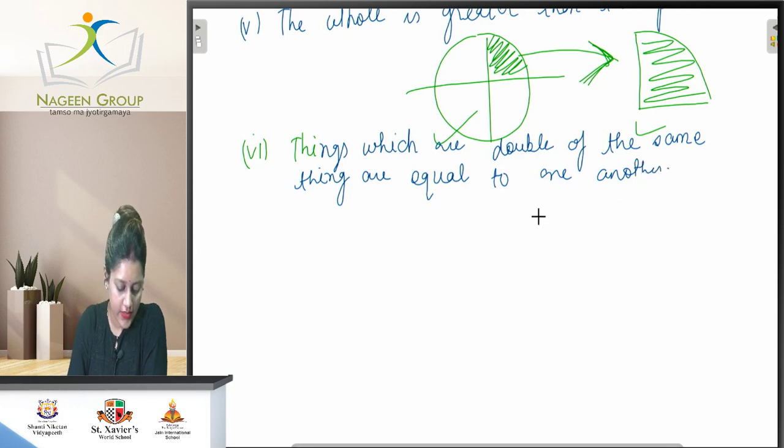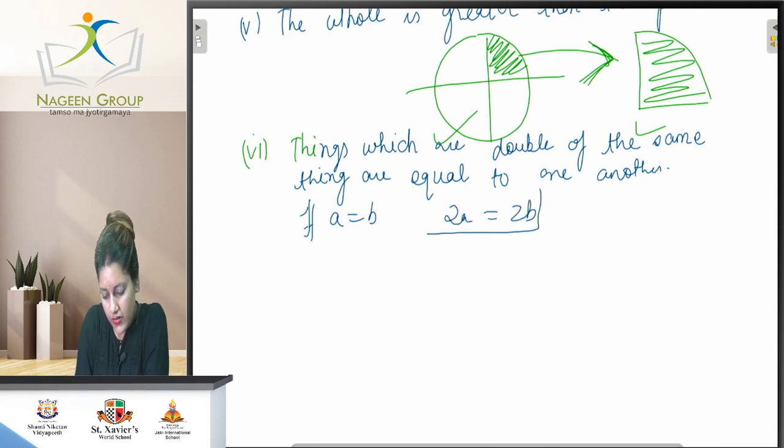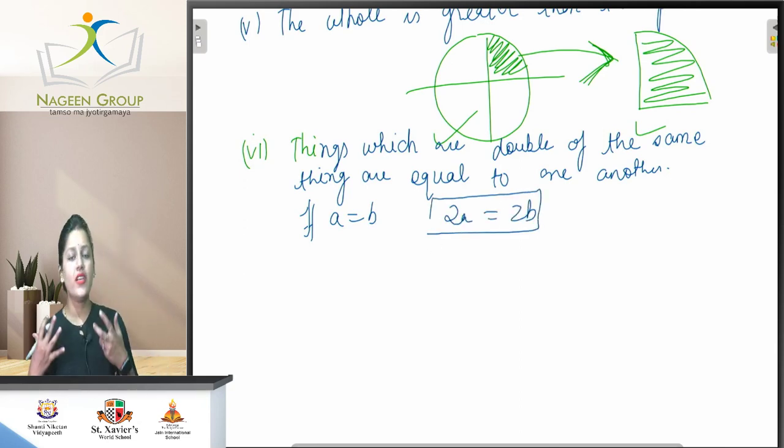What is that? If A equals B, then 2A is also equal to 2B. You have to only read here.